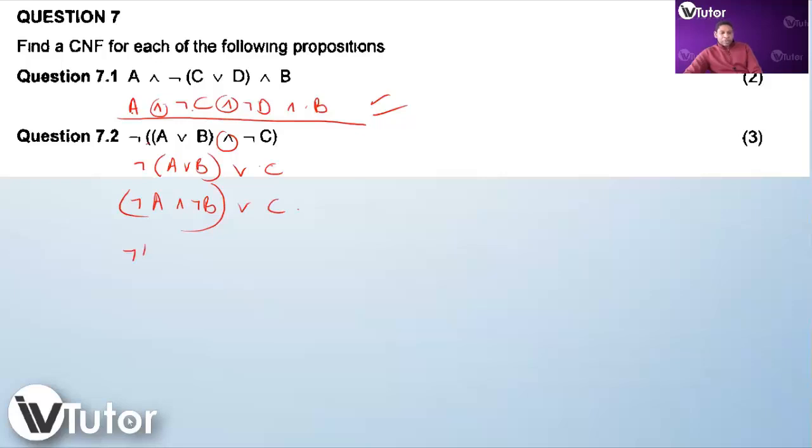We're now going to have not A or C, and not B or C, and then it's in conjunctive normal form. So we can come across questions like this.